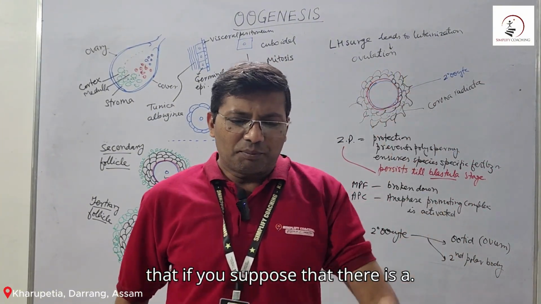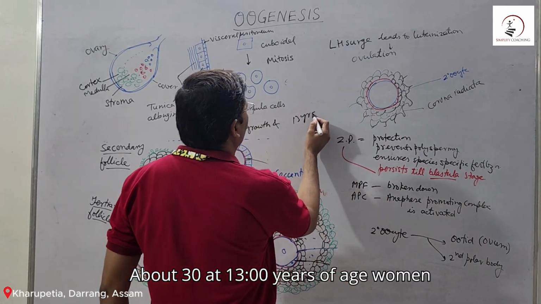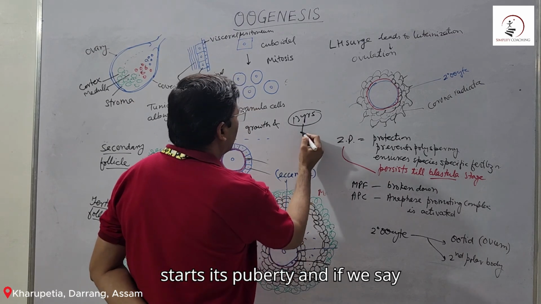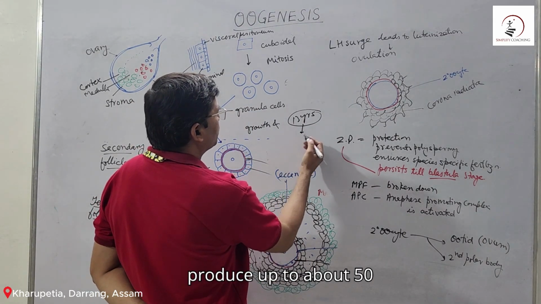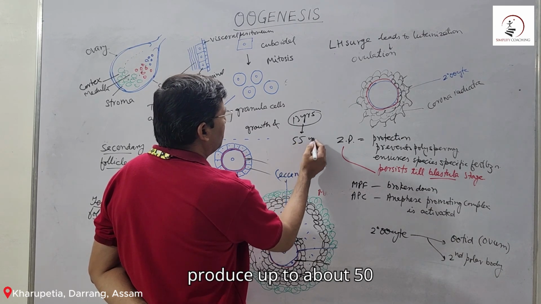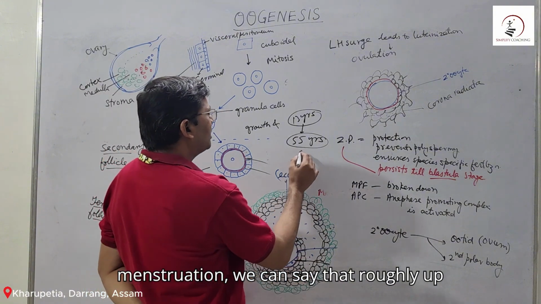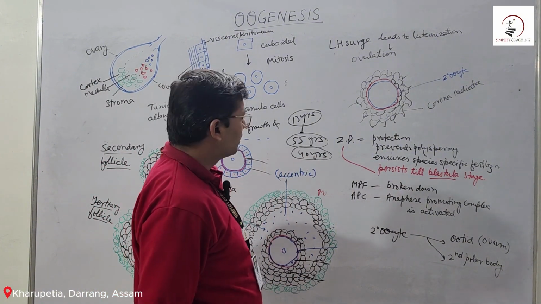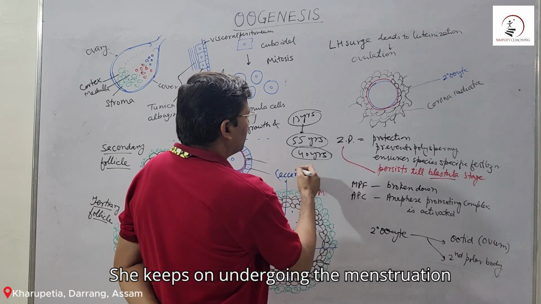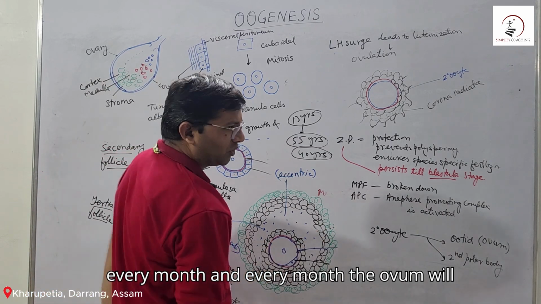Suppose at 13 years of age a woman starts puberty, and she continues to produce up to about 50 years. If she continues menstruation, we can say that roughly up to 40 years she keeps on undergoing menstruation every month, and every month the ovum will be released.